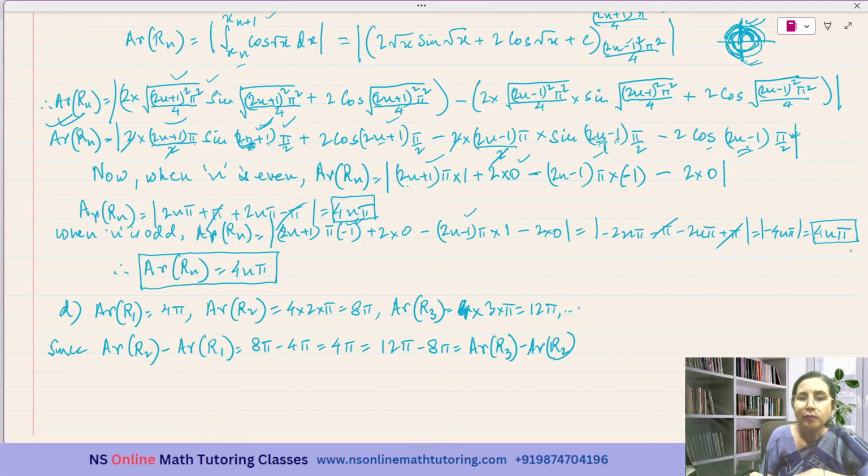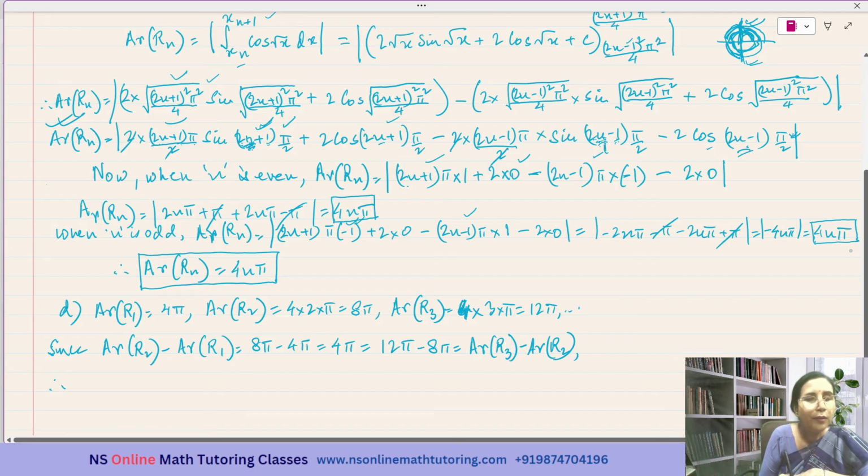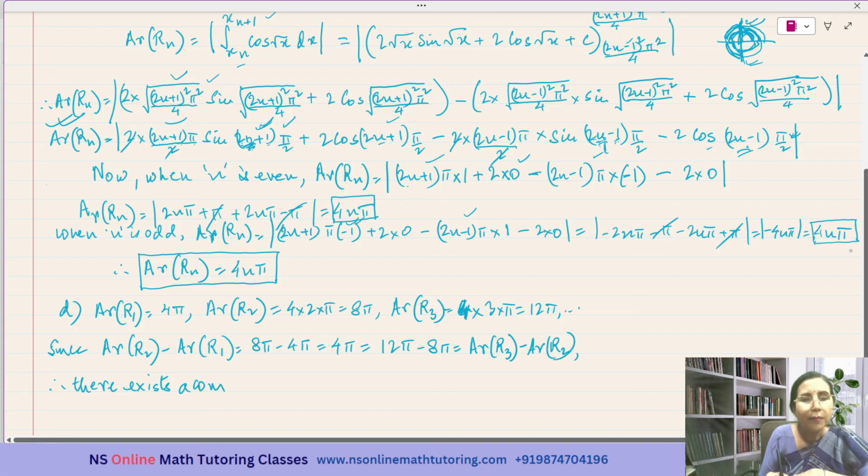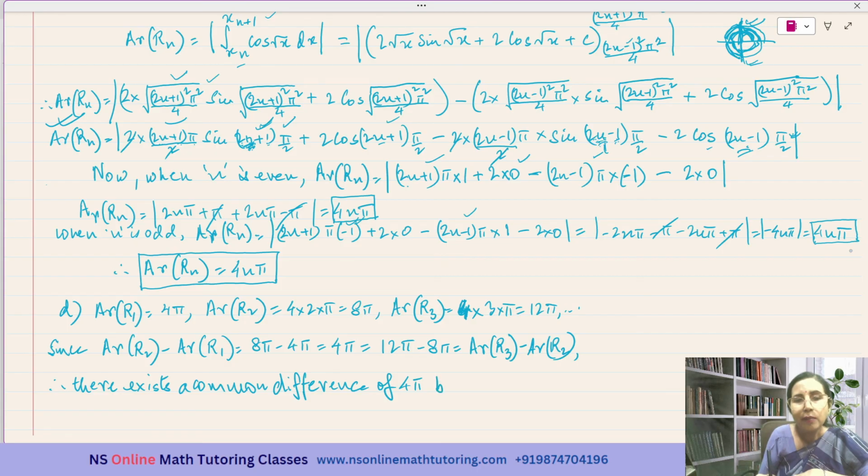Therefore, there exists a common difference of 4π between them.